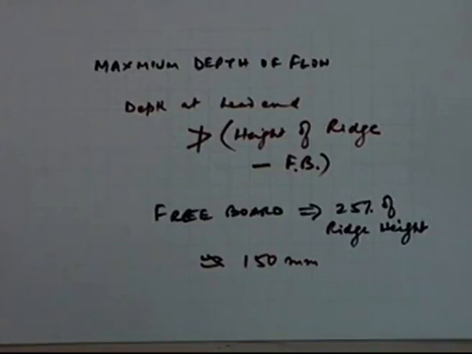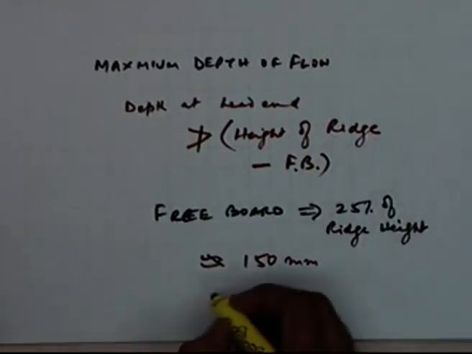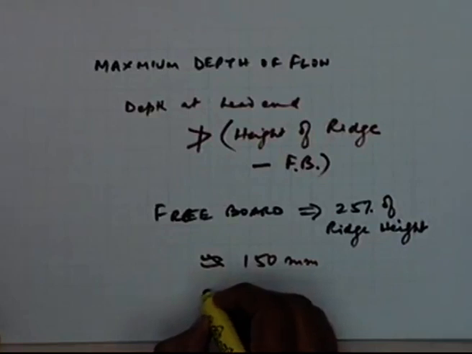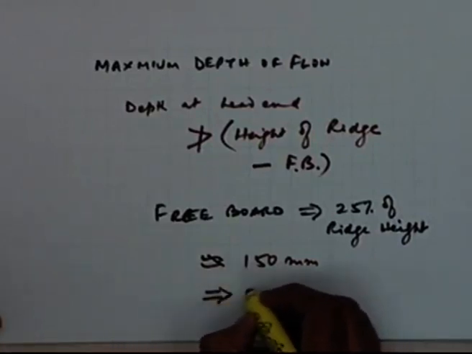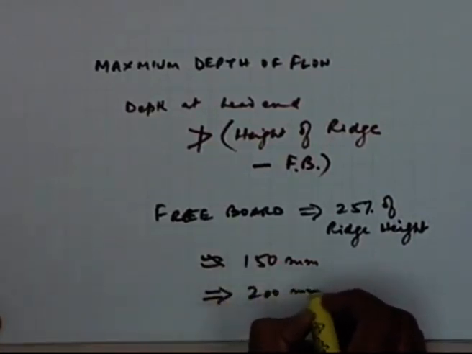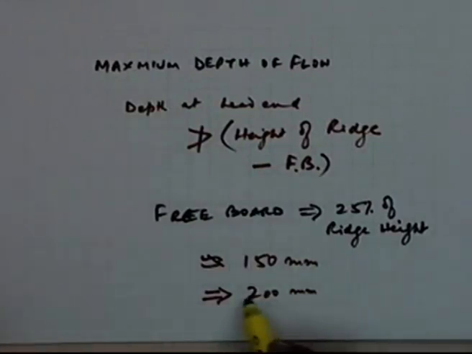But in some cases, if you have a soil which doesn't have much erosion problems, then you might use some value which is approaching around 200 millimeters. This is to be used only in those cases where you have non-erosive soils.